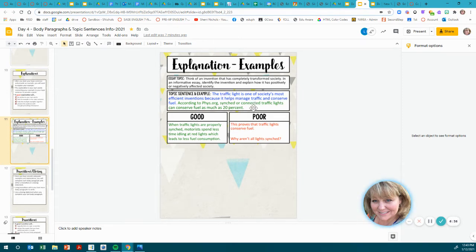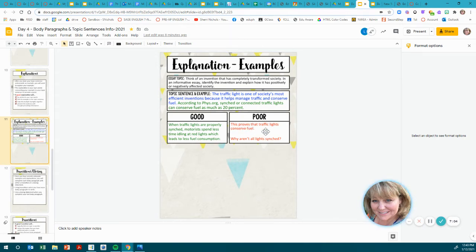So the topic sentence is, the traffic light is one of society's most efficient inventions because it helps manage traffic and conserve fuel. According to phys.org, synced or connected traffic lights can conserve fuel as much as 20%. So a good explanation would be, when traffic lights are properly synced, motorists spend less time idling at red lights, which leads to less fuel consumption.